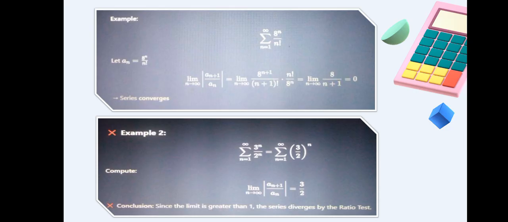The formula is limit as n approaches infinity of the absolute value of a sub n plus 1 over a sub n, equals the limit as n approaches infinity of 8 to the n plus 1 over n plus 1 factorial, times n factorial over 8 raised to n.